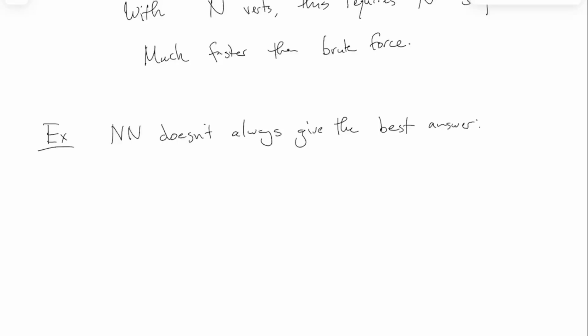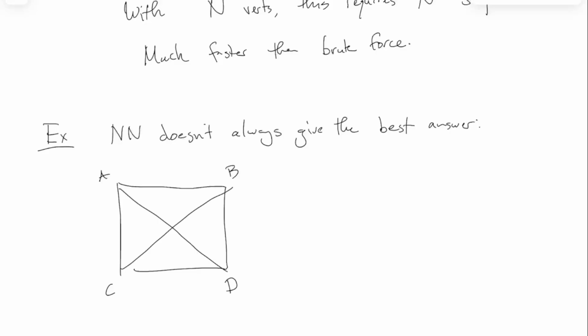For example, here's another one. And here are my weights: 2, 1, 3, 1,000, 4, 5. All right. And let's do the nearest neighbor starting at A.